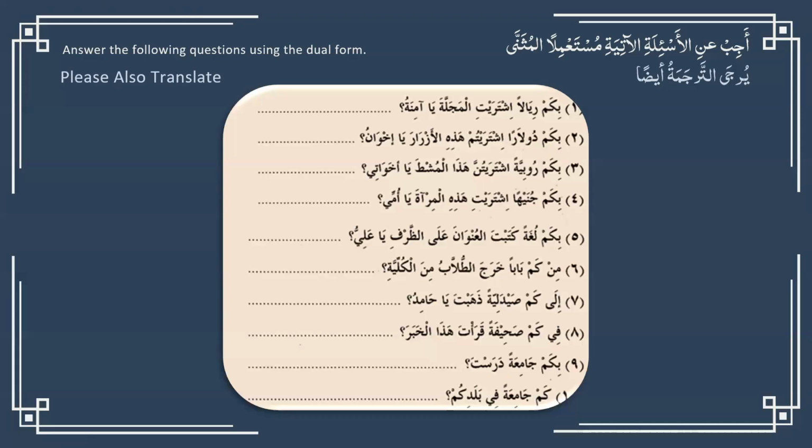And what's the last one? I can't see the last one. Kam jamiyatan fi baladikum. كم جامعة في بلدكم؟ How many universities are there in your country?